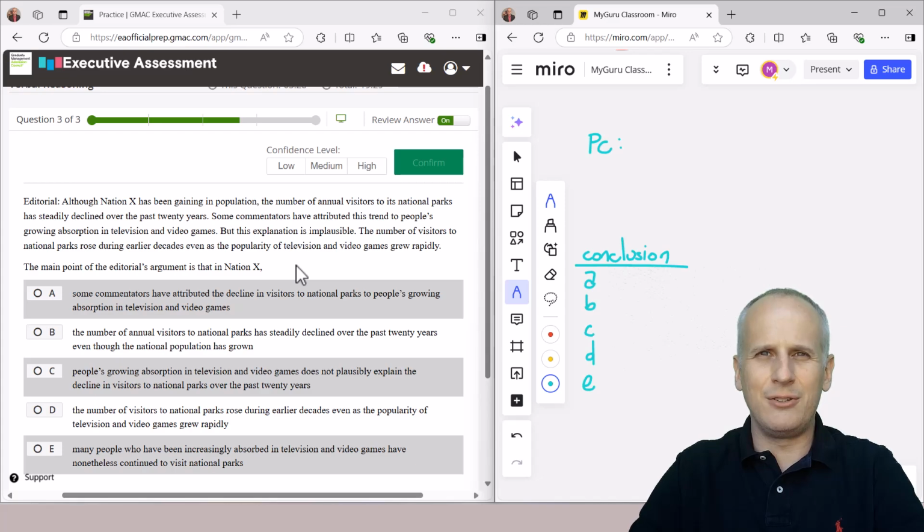Okay, well, if I just tell you that I don't believe somebody, I need reasoning. So this right here very well may be our main conclusion, but we're going to read the whole paragraph just to be sure. And it reads at the end, the number of visitors to national parks rose during earlier decades, even as the popularity of television and video games grew rapidly. Well, that again is just a statement of fact.